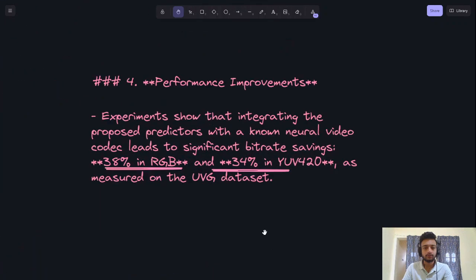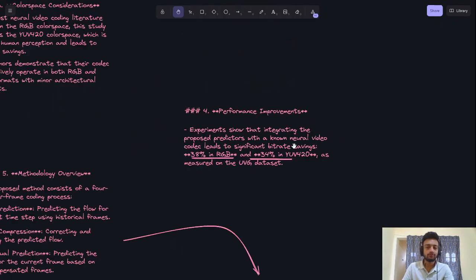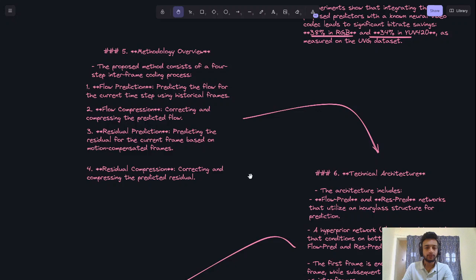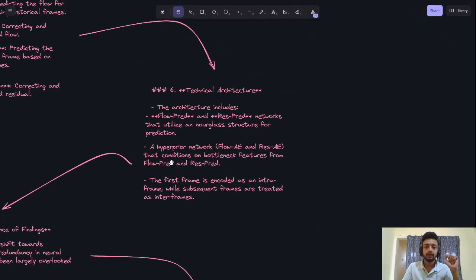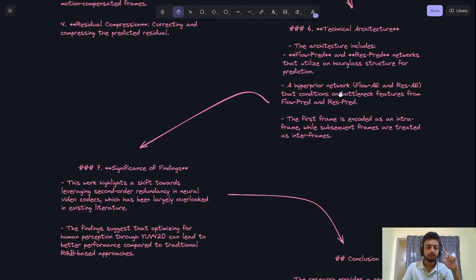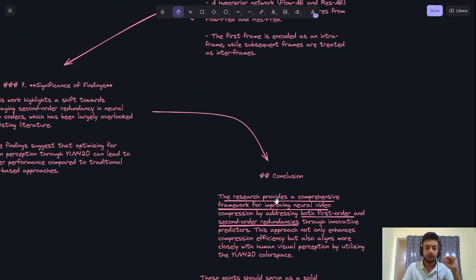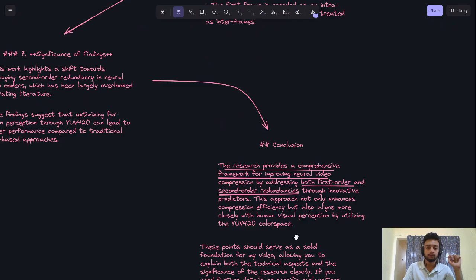The fourth was performance improvements. The fifth point was the methodology overview, like how the video inter-frame coding process works. Then the technical architecture, the significance of findings, and lastly we moved on to our conclusion part.